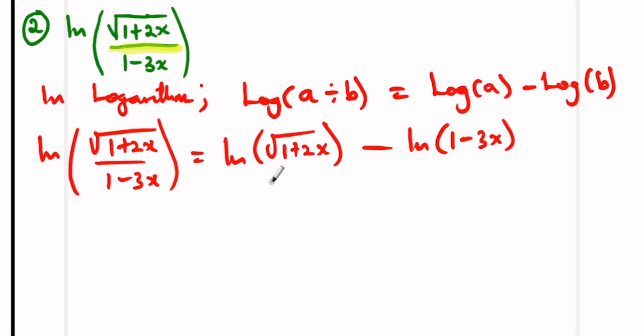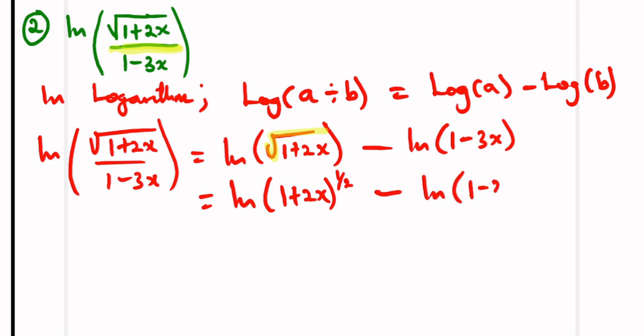Now we have a square root here, so I'm going to express the square root as a power. It becomes the natural log of 1 plus 2x, power half. Power half means square root. Now we have minus natural log of 1 minus 3x. Another law of logarithm is the power law. If we have log b to the power c, it can be expressed as c log b.